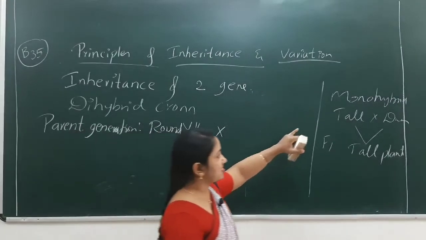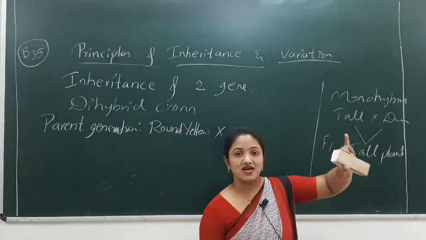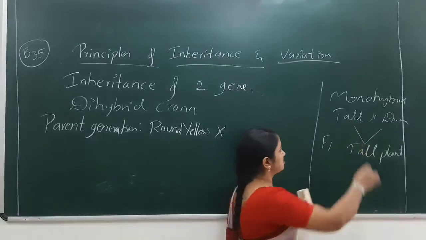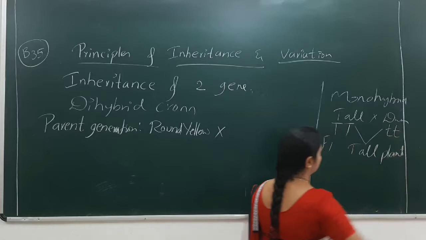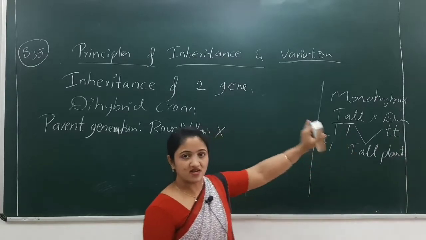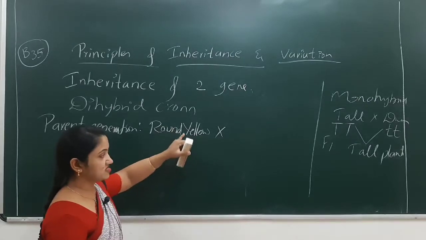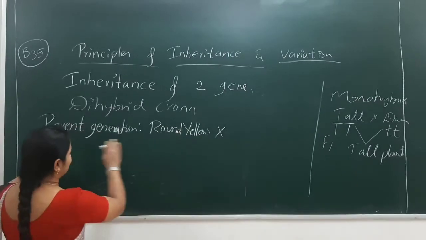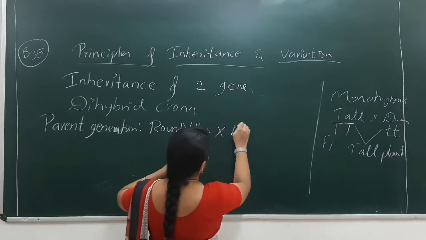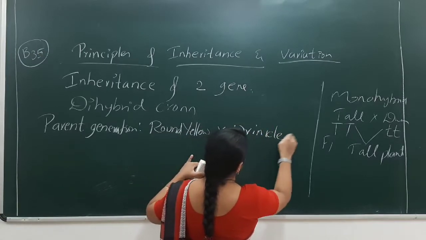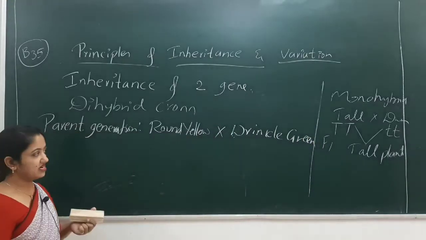Remember what we did in the monohybrid cross? We selected the pure lines. The tall was in the homozygous condition and the dwarf was also in the homozygous condition. In the same manner, we have to select plants of pure lines while crossing. Round yellow, wrinkled green. So, this is all about the parent generation.